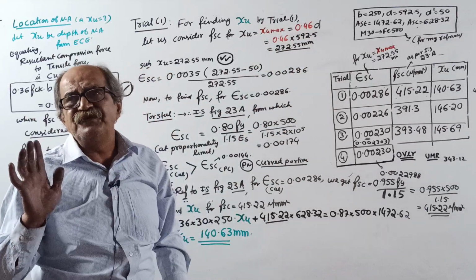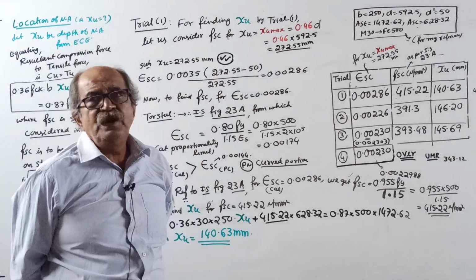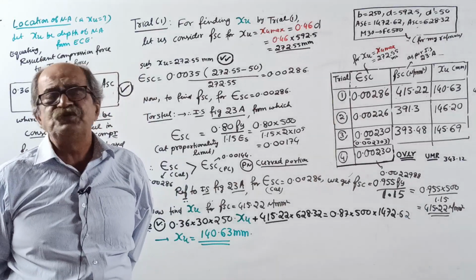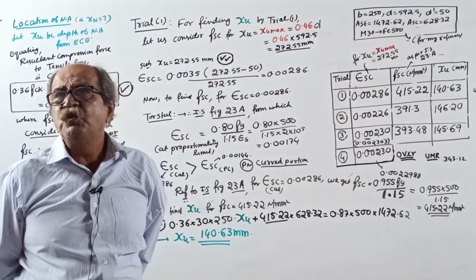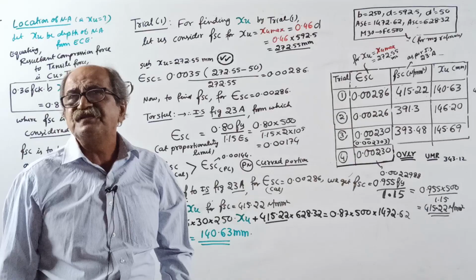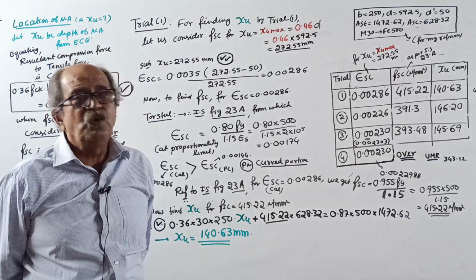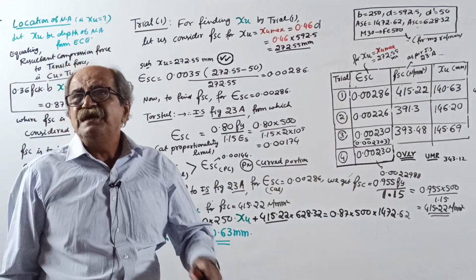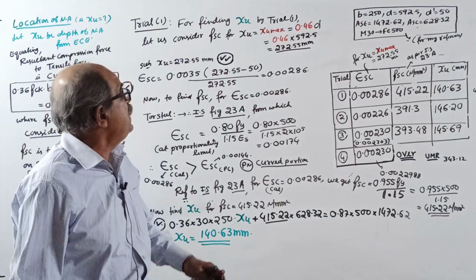Now one small problem is there. Last time, when I wrote in the first round, I wrote fy equal to 500 Newton per mm square, but for xu max by d I wrote 0.48; I should write 0.46. First I thought I would solve Fe 415, so by mistake I wrote 0.48. You change it to 0.46 because you know it.